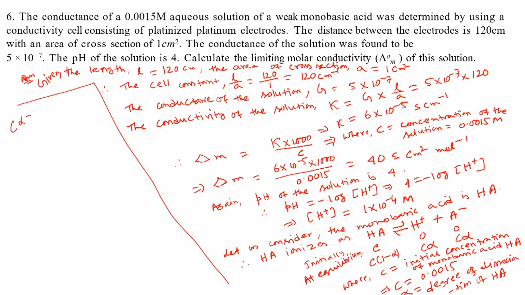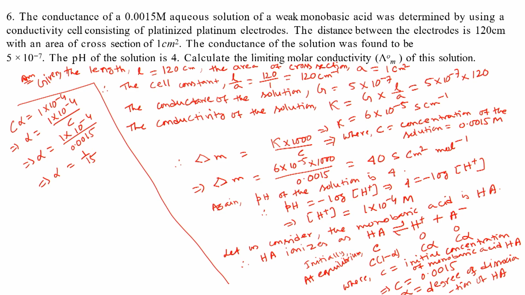So, C alpha is 1 times 10 to the minus 4, and the value of C we know is 0.0015. So, alpha is 1 times 10 to the minus 4 by C, which is 0.0015. So, you get the value of alpha. So, alpha will be 1 by 15.